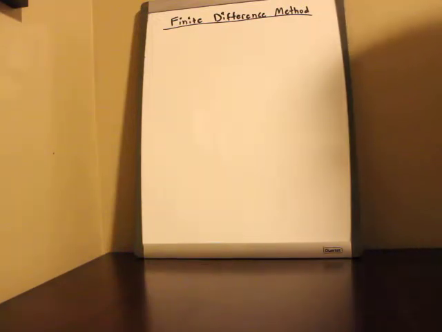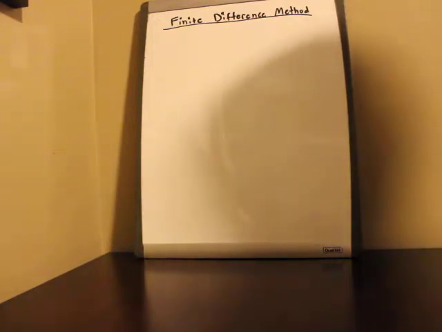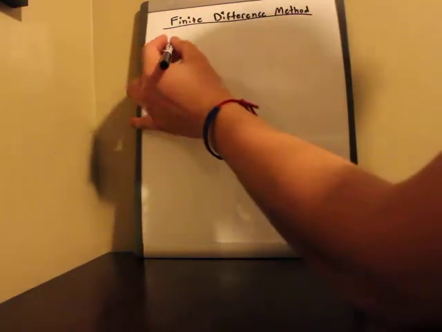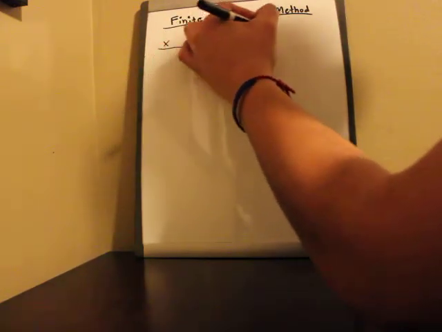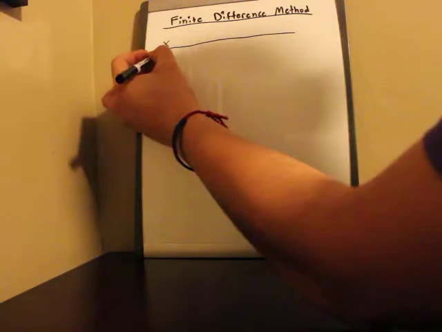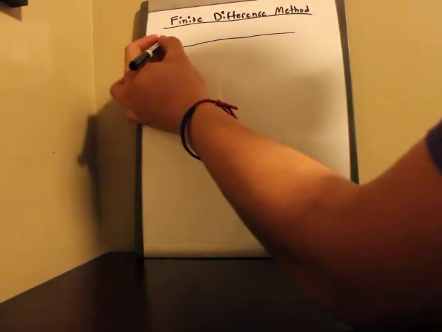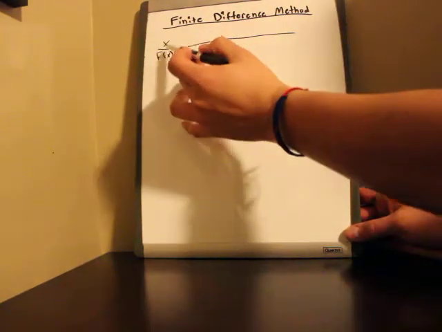Alright, so I'm going to write this down. Maybe the table looks something like this right here. So we have our x, this is our inputs, and this is our outputs.